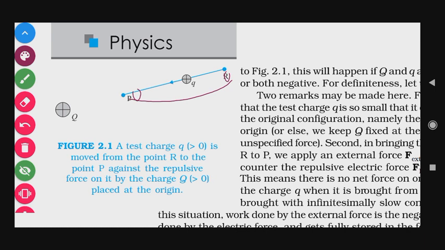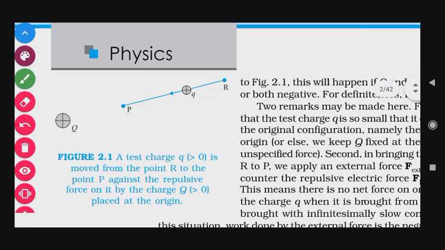So you see the electric field is in this direction, and if I bring a positive charge against this force, I have to do work because it is a repulsive force and I'm going against it. This is exerting a Coulomb force on this, and I have to go against it. If I have to bring this charge from R to P, I have to apply a force which is opposite in direction to this electrostatic force.